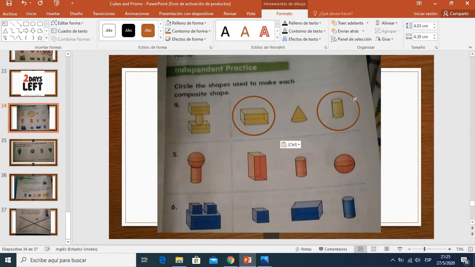No. A cylinder? Yes. So to make this shape, you need 2 rectangular prisms and a cylinder, right? You put the rectangular prism first, then you stack a cylinder, and finally you stack another rectangular prism on top. Now you try with the rest of them, okay? Circle the shapes that are used to make this and this one. Very good. You do it by yourself.